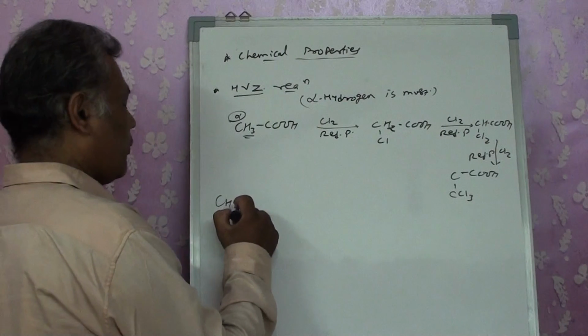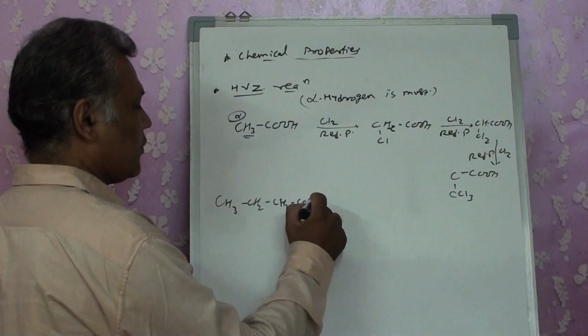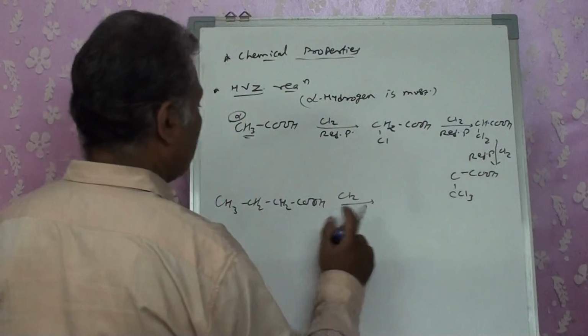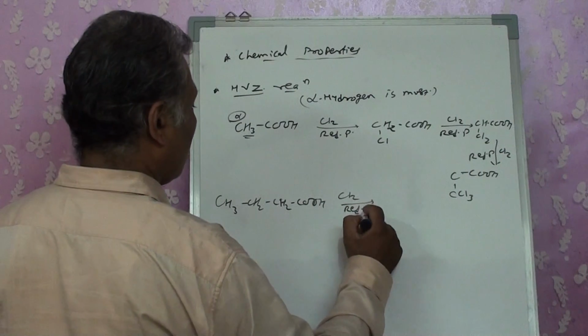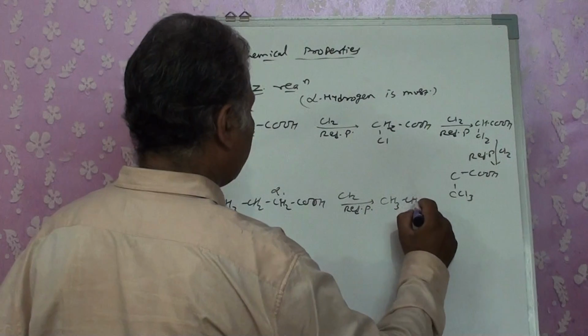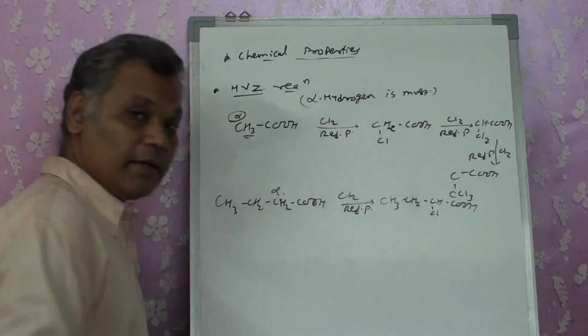Suppose I have the compound CH3CH2CH2COOH, then what happens? The chlorination takes place on alpha hydrogen, giving CH3CH2CHCl-COOH. Right?